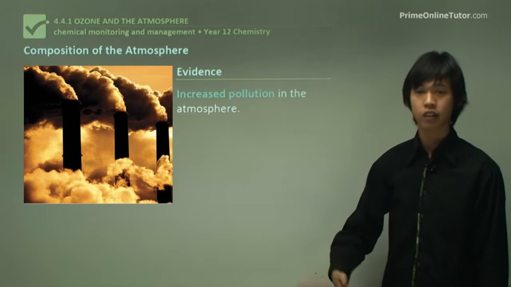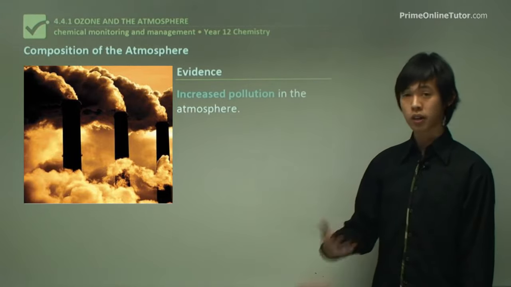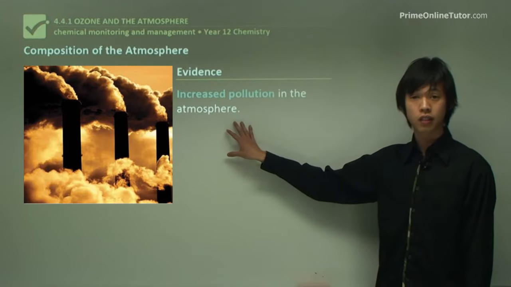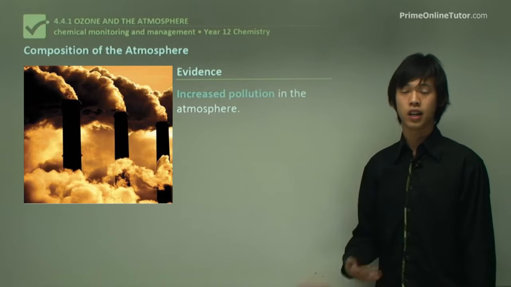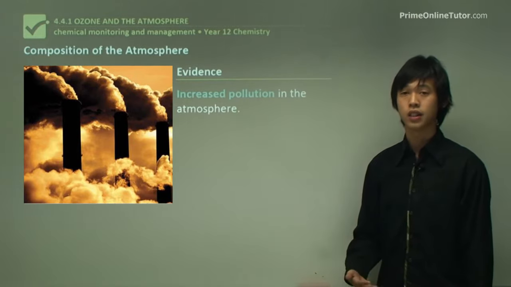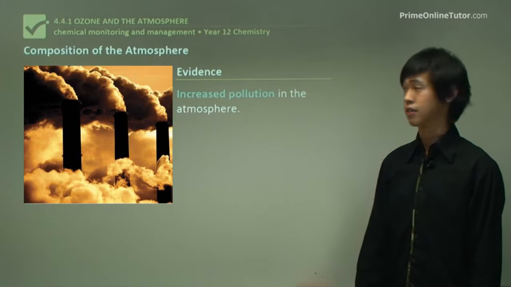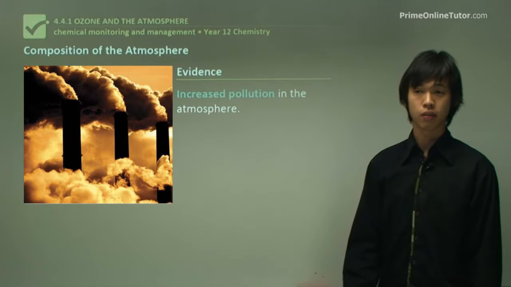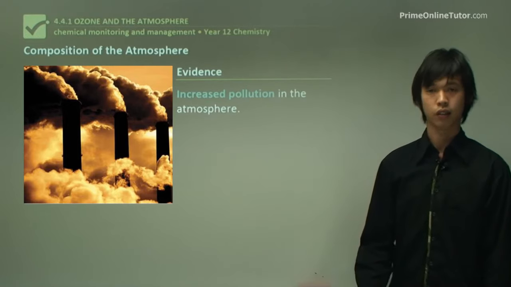So once again, chemical monitoring and management, why do we want to monitor these things? Well, here's one reason. So we've been able to see over the last 200, 300 years that nitrous oxide levels as well as sulfur dioxides have also increased, as well as carbon dioxide, since the start of the Industrial Revolution. Now these have negative impacts on our environment because of acid rain and other things, but we'll cover that in much more detail in future lessons.